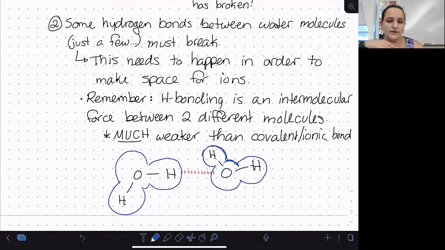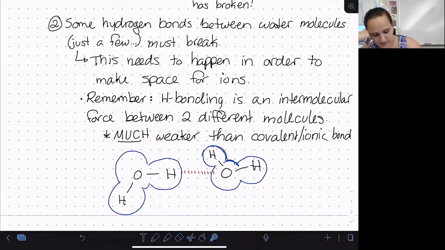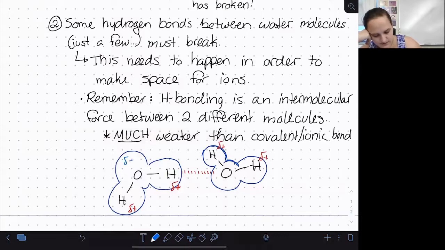And it's always highly polar molecules that participate in hydrogen bonding, and it's the oppositely charged ends. So the hydrogen from one end of our molecule is attracted to the oxygen of the other. The hydrogen end of water molecules has a little bit of a positive charge on it, and the oxygen end has a little bit of a negative charge.